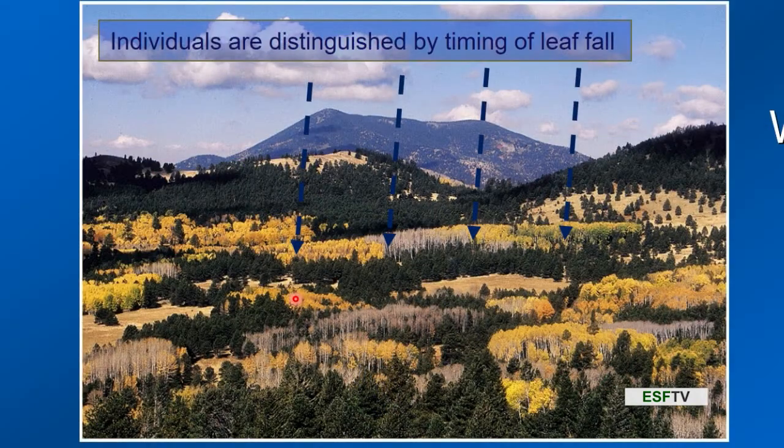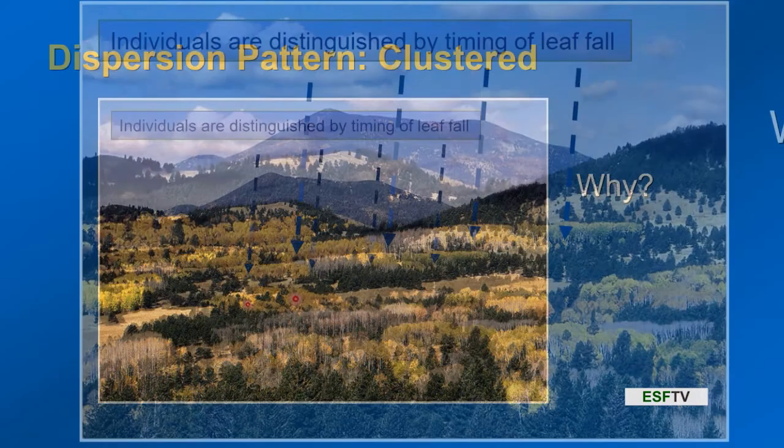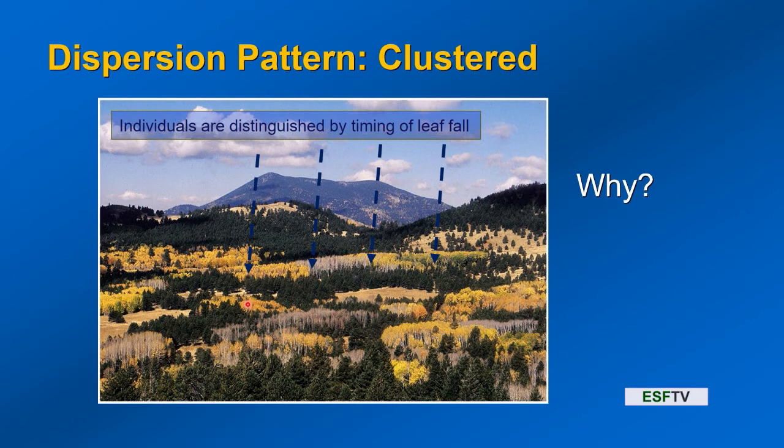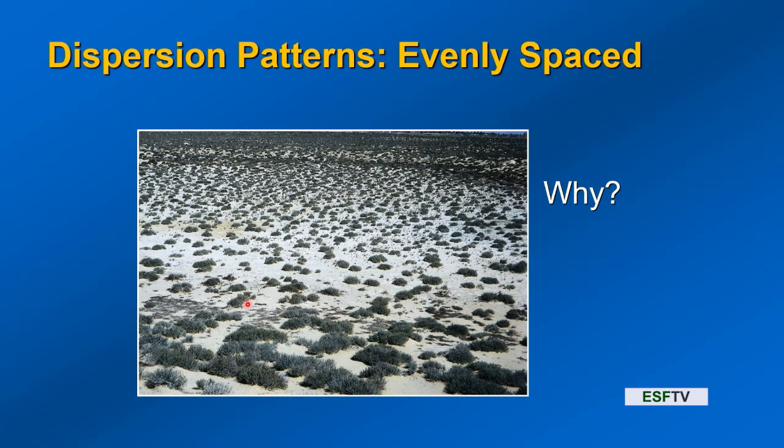So sometimes, that's one reason why you get clustering, that it's actually just one individual. And until we had genetic techniques or very careful researchers, we didn't know that those stems are all just that same clone individual acting as an individual, dropping all their leaves at one time. I'll come back to that.